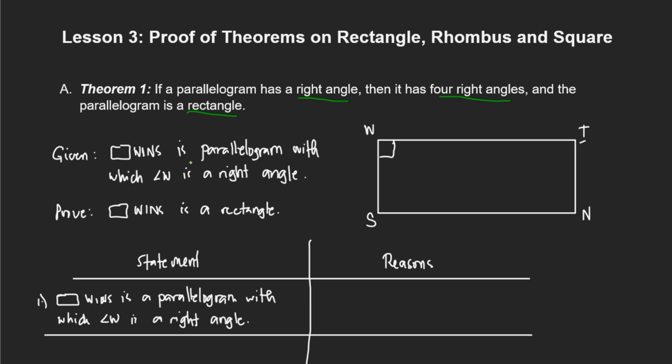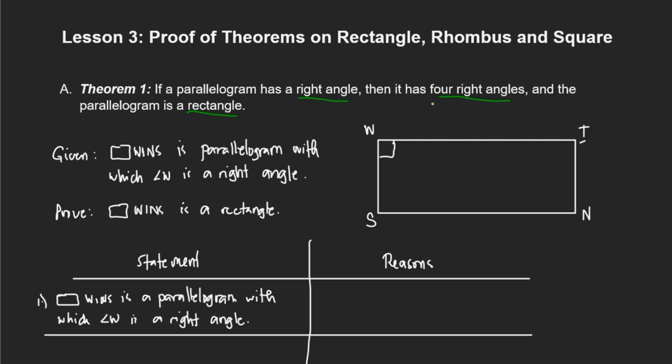So here's the problem. Given the rectangle named WINS, which is W, I, N, and S, a parallelogram in which angle W is a right angle. So prove that rectangle WINS or parallelogram WINS is a rectangle. Given the figure, ito yung figure natin.